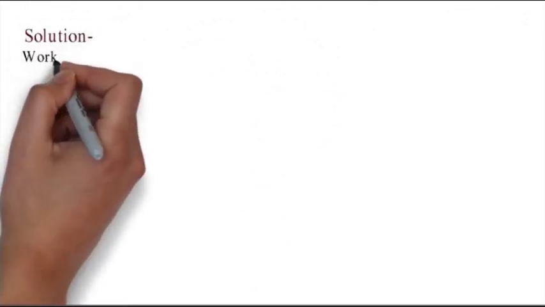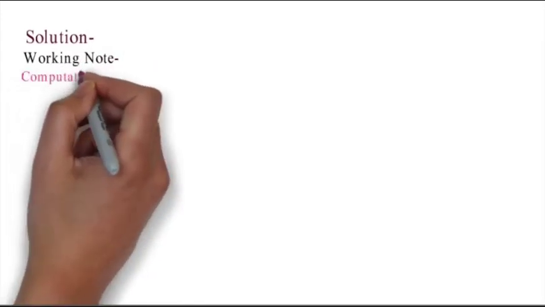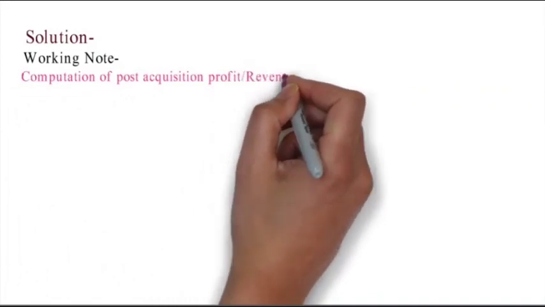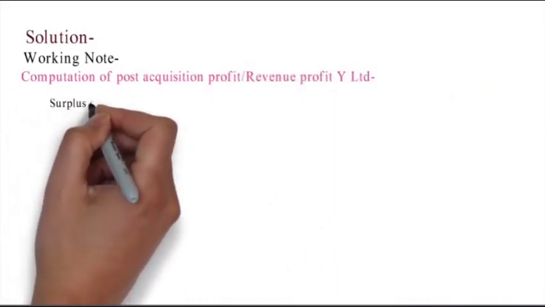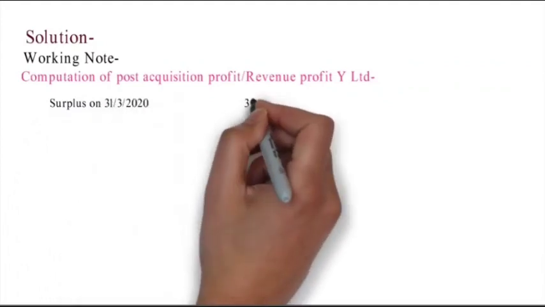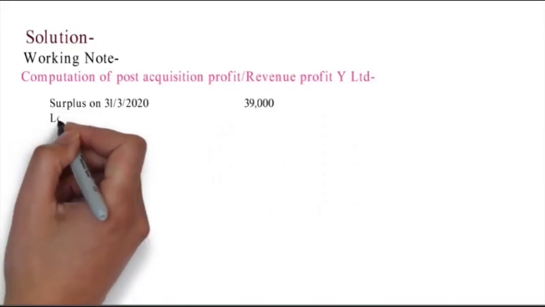Then our solution, working note. Firstly, we compute post acquisition profit or revenue profit of Y Limited. From our question, surplus on 31st March 2020 is 39,000.